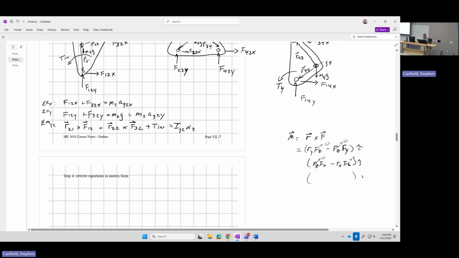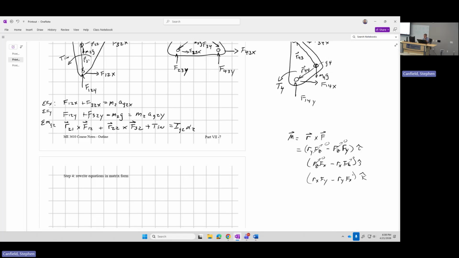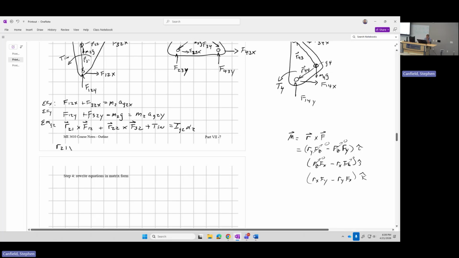Okay, what about the third component, the K, which is the Z direction? Funny how we have all these different names for the same thing. We get an RX FY minus an RY FX. Voila, we do have a K term. I mean, I do have a direction in the moment in the K. See, so it's coming out of the board, and it's RX FY minus RY FX. So I come back over here, and I got an R21x F12y, that's an x, not a cross, minus R21y F12x.